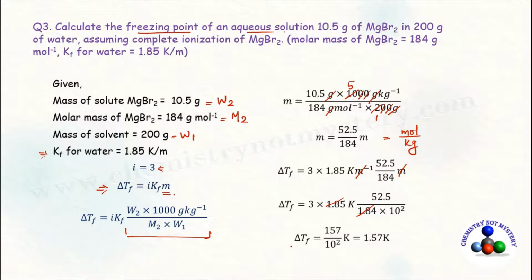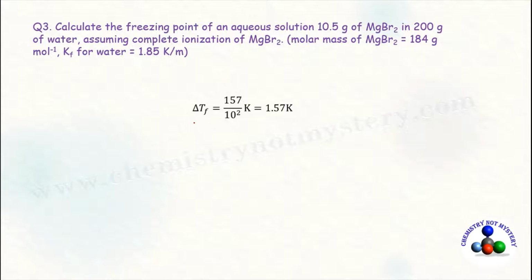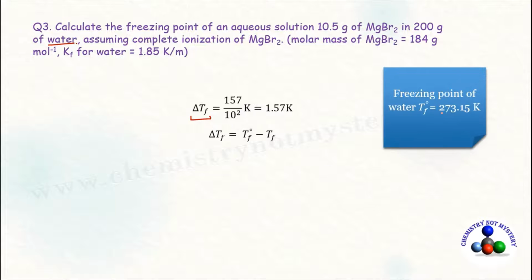So here we have calculated delta TF, but we have to calculate freezing point of aqueous solution. That means we have to calculate TF. So we need to expand the term delta TF. So when you expand the term delta TF, you will get delta TF is equal to TF naught minus TF. Here solvent is water, and we know freezing point of water is 273.15 Kelvin.